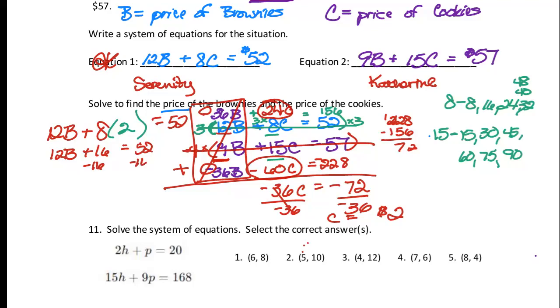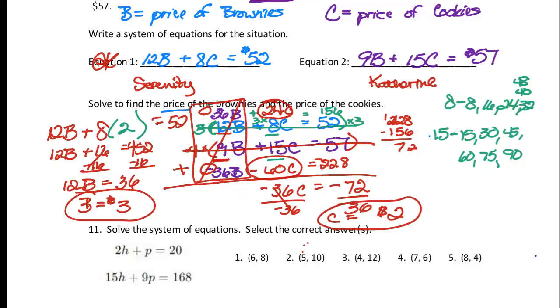Subtract 16. 12B is equal to 36. So the cost of the brownies is $3 each.